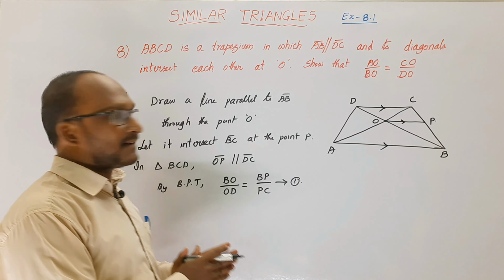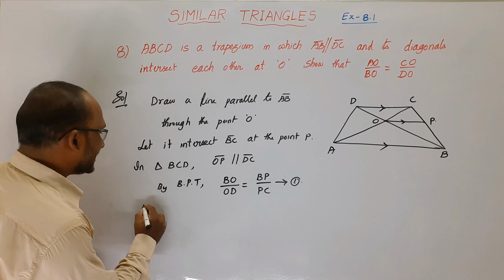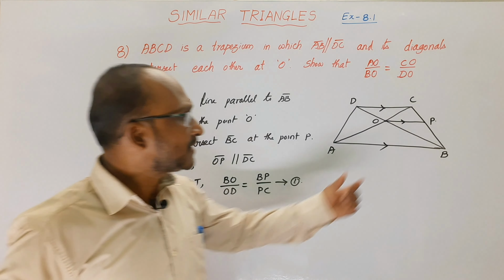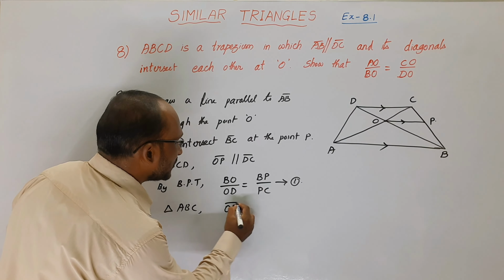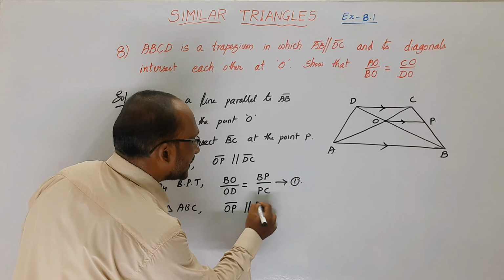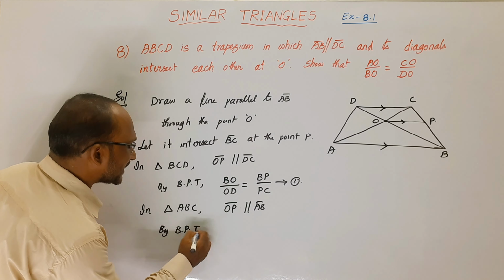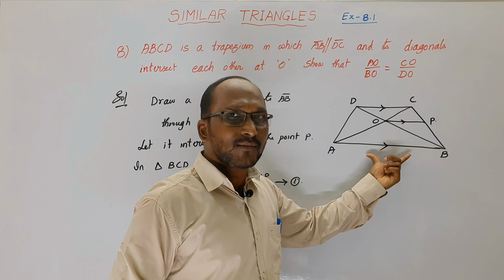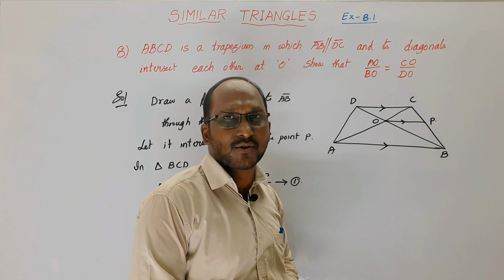After getting this result, let us take the triangle ABC. In this triangle ABC also, OP is parallel to AB. Again, by the basic proportionality theorem, as OP is parallel to AB, this line must divide the other two sides in the same ratio.